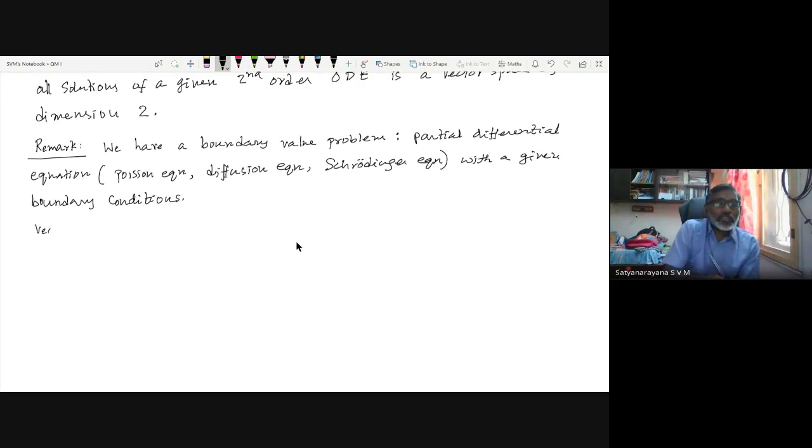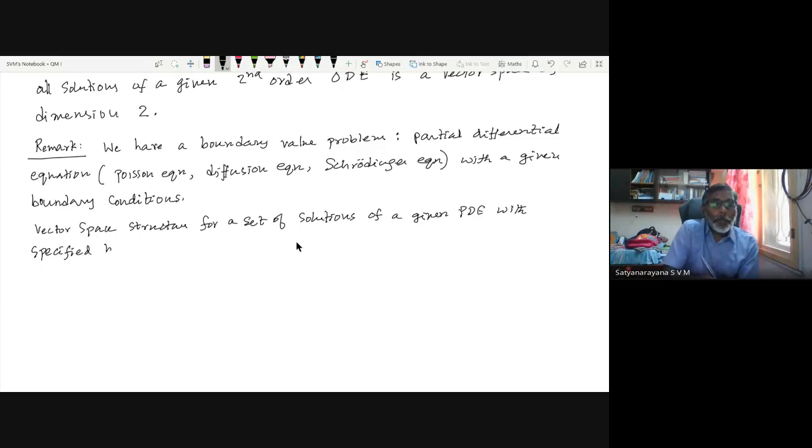So it is in that sense that a vector space structure for a set of solutions of a given partial differential equation with specified boundary condition simplifies the problem.